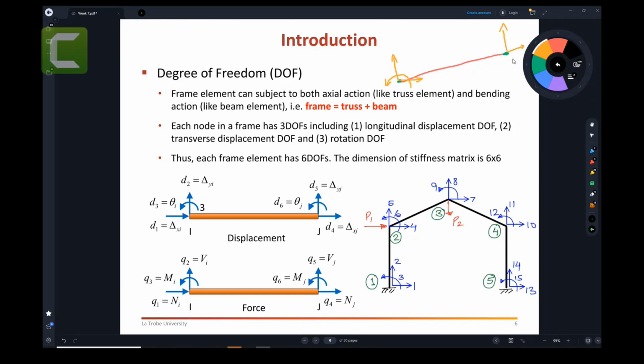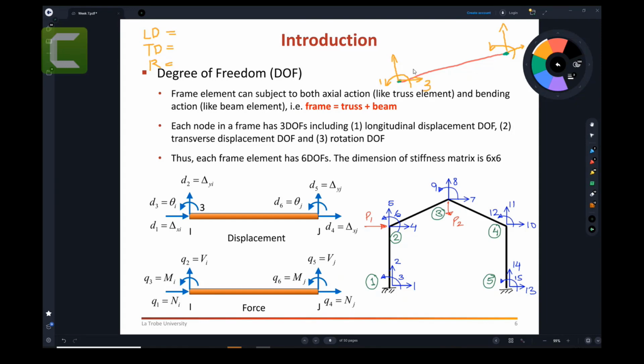This one has this degree of freedom. This one has this degree of freedom. This one is this degree of freedom. Now, we want to have longitudinal displacement, transverse displacement, and rotation. Right. Can you match it up?